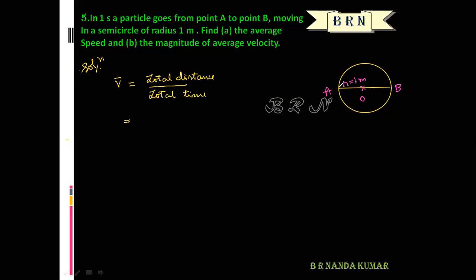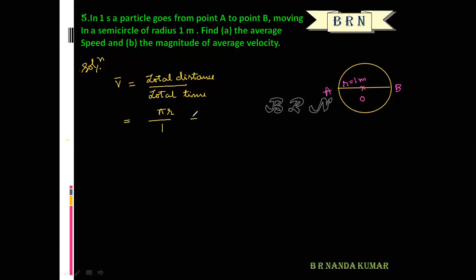Okay, so here the particle completes the semicircular path. So what is the distance covered by the particle? For one complete rotation, that is 2 pi r. So for a semicircular path, the distance traveled is just pi r. The time taken by the particle to complete the semicircular path is 1 second.